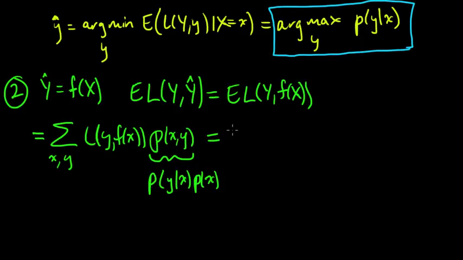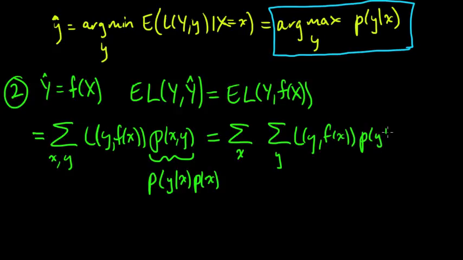Then this is a sum over x on the outside, and the sum over y on the inside, of the loss of y with f of x. Let's put the expected value with the inner sum. I just rewrote the previous line by factoring that.